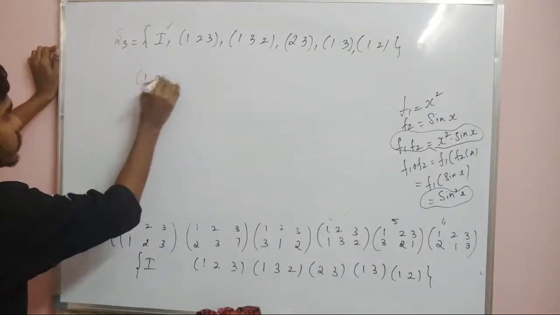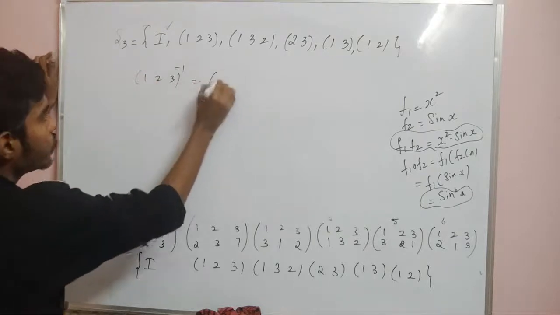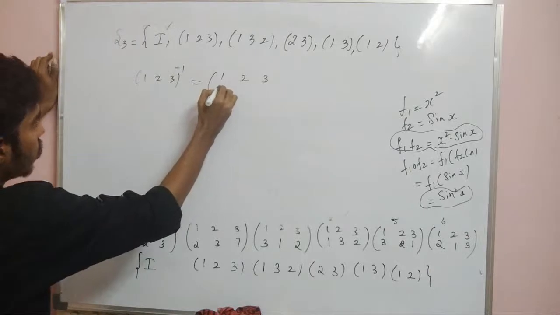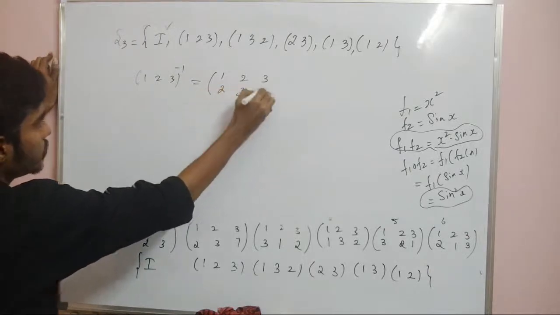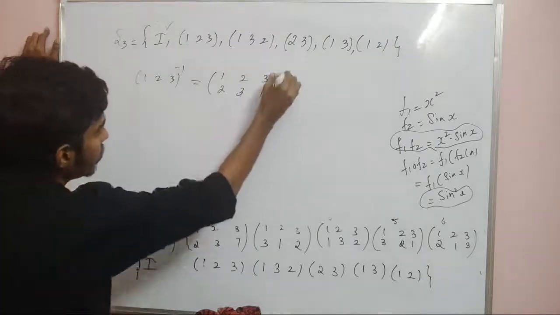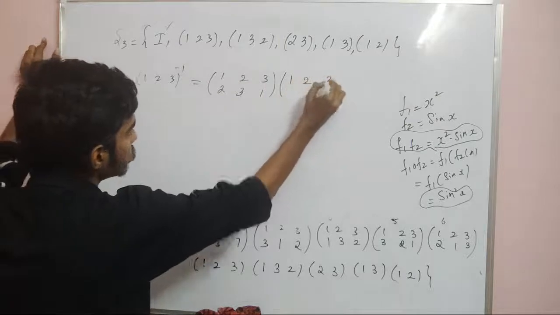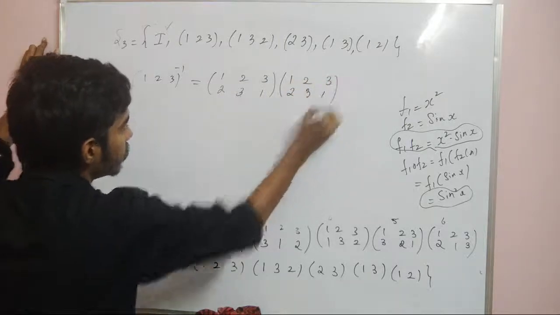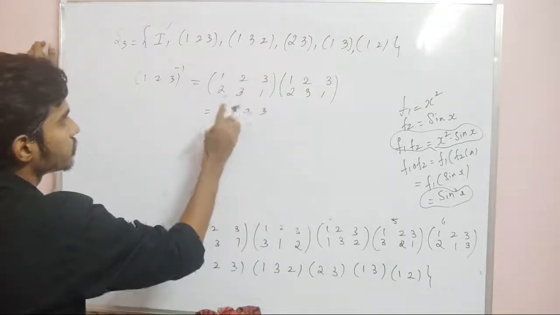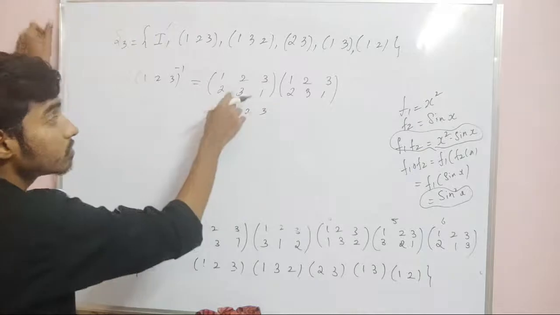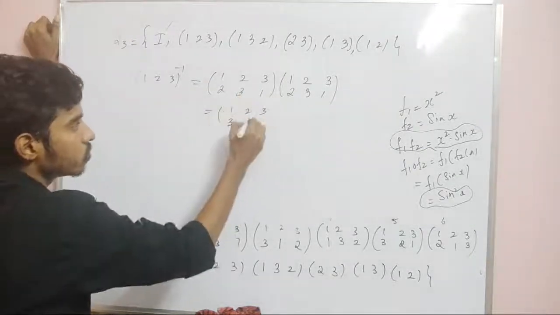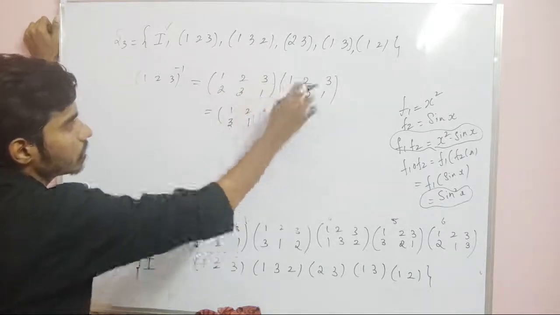Suppose you want to find the inverse for 1 2 3, right? What you do is you just write this permutation, which is 1 goes to 2, 2 goes to 3, 3 goes to 1. Now you again write this permutation again. Now you find the product for this. You can see 1 goes to 2, 2 goes to 3, 3 goes to 1, 1 goes to 2.